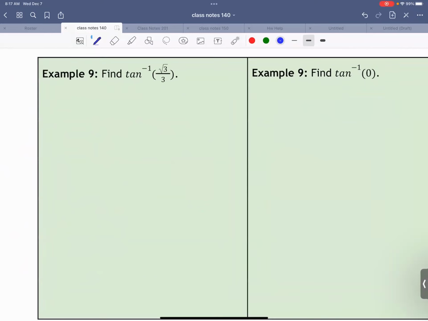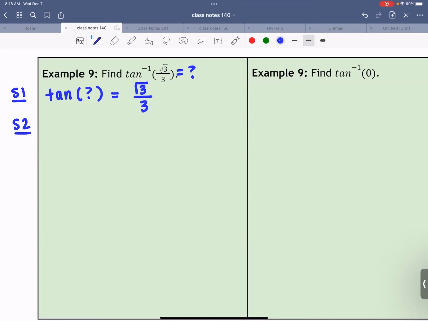This time I want to find the inverse tangent of square root of 3 over 3. Step 1 is asking myself, what angle can I take the tangent of and get the positive root 3 over 3? Taking a look at your unit circle right now is not going to help you, because tangent's hard to figure out given an endpoint.